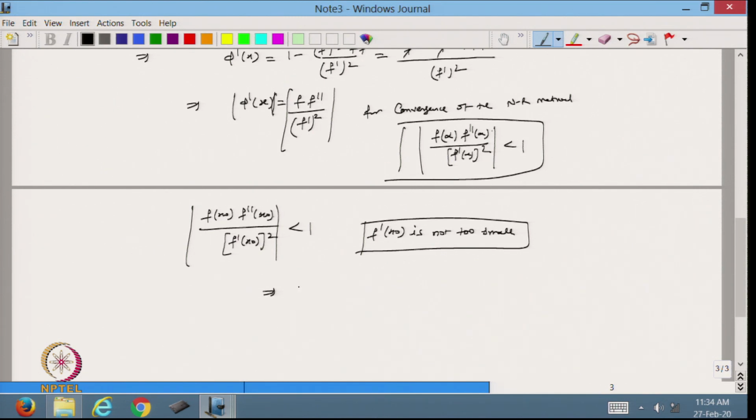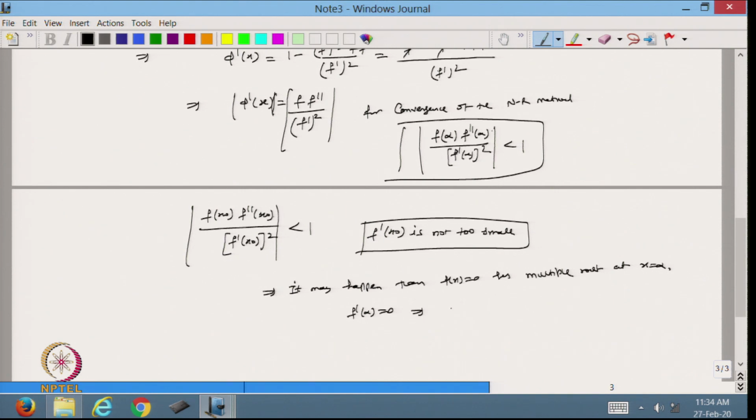It may happen that f x equal to 0 has a multiple root at x equal to alpha. In that case f dash alpha is also 0.